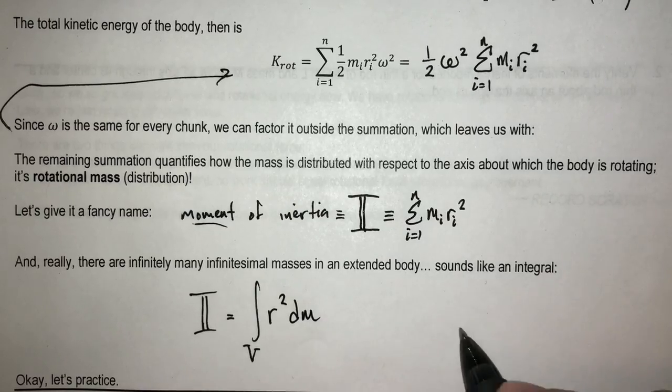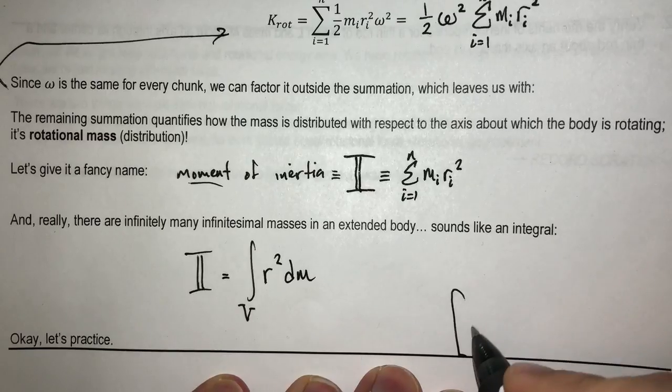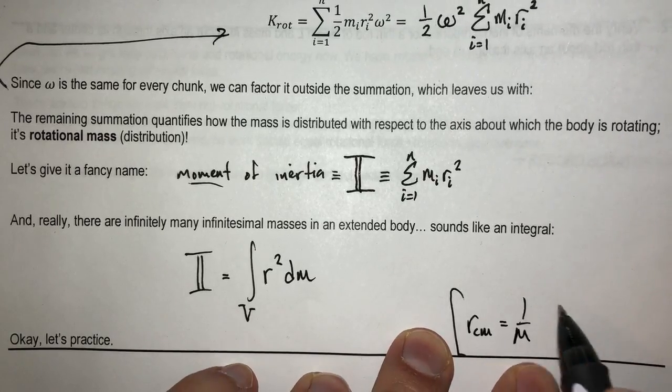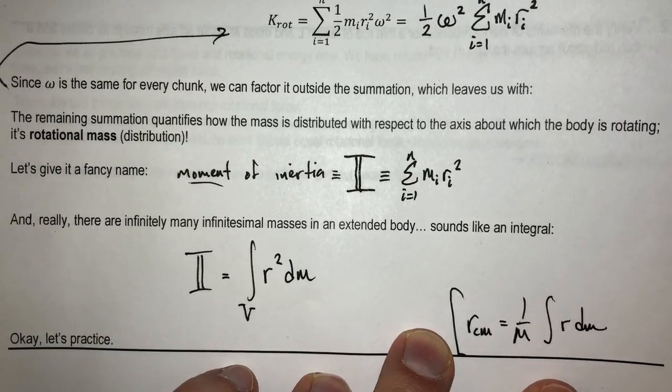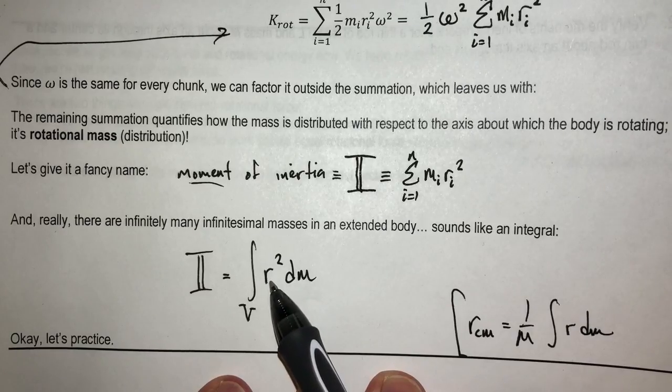Now, contrast that with the position of the center of mass, which was just the first power of the distance away from the origin. And instead of the origin, in this case, we're talking about the distance away from the axis about which we are rotating.